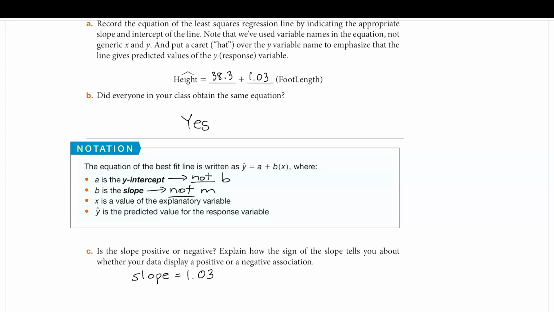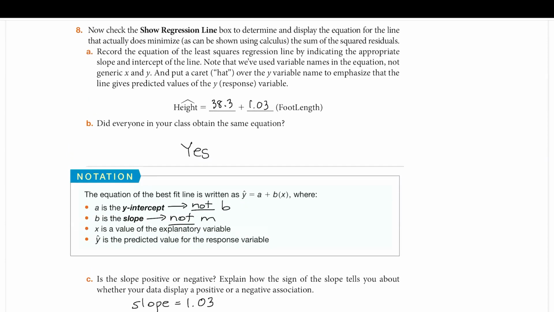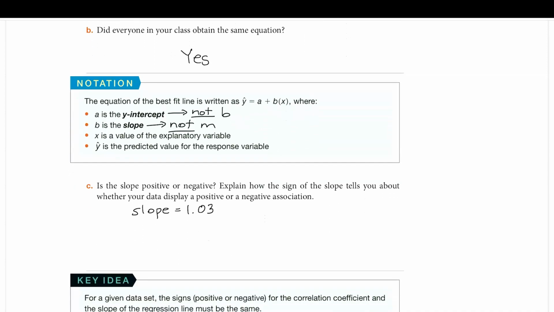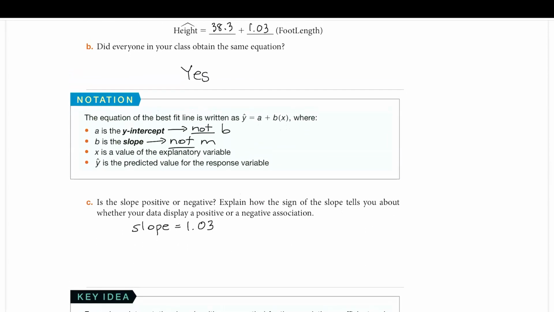So the slope is 1.03. That's the number in front of the explanatory variable, which is foot length. By the way, I don't know if you noticed, they mention that they've used the variable names in the equation, so we don't actually use just x and y typically. It's nice that we actually use the word height and the word foot length so we know exactly what we're talking about with the equation.